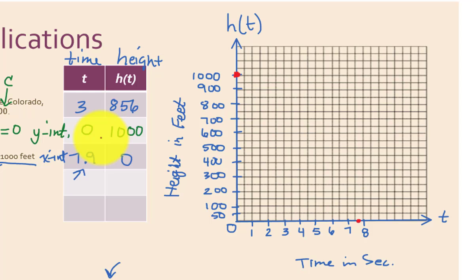And we know this is not a straight line because we have a quadratic term. So it's very important to plot at least one more point on the function. 3, 856 should help us to see a gentle curve occurring. So let's connect our ordered pairs to see what this parabola looks like.